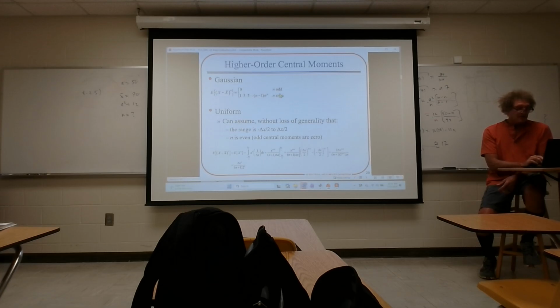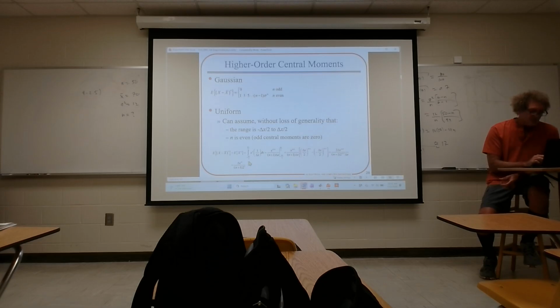And then he says for Gaussian it's that, and for uniform, you can assume without loss of generality the range. And by the way, odd central moments are always zero for anything, a uniform distribution or a Gaussian distribution. And this right here is the nth central moment.